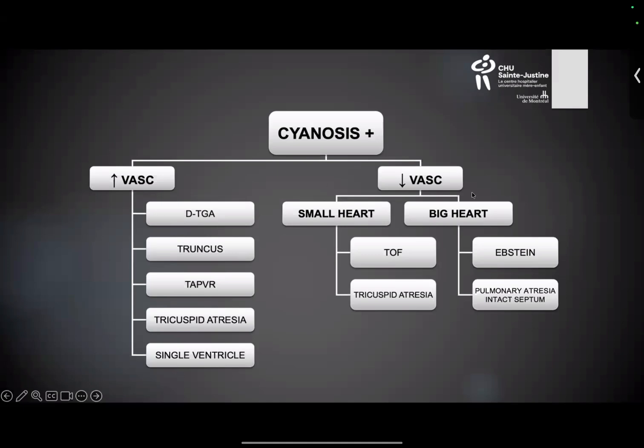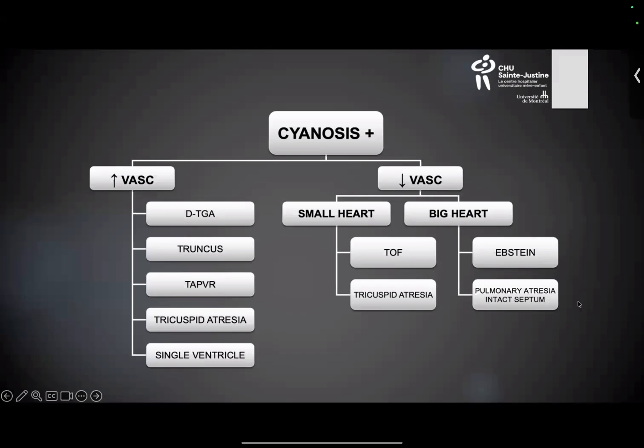If you're cyanotic and the vascularization is decreased, then what do we check? You see if the heart is big or not. So decreased vascularization with a small heart, it's a tetralogy of Fallot. Less commonly tricuspid atresia, you see that depending on the ASD, you can have it in both lines. And if you have a big heart, it's an Epstein.